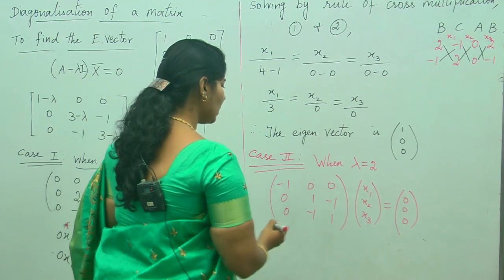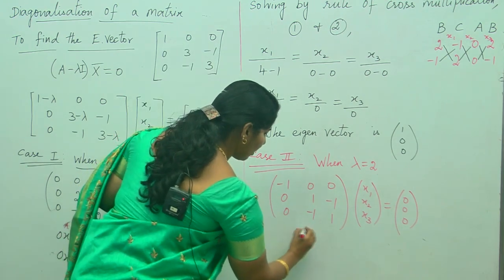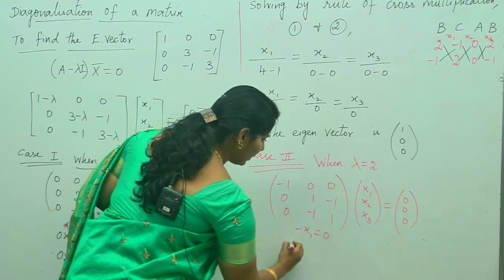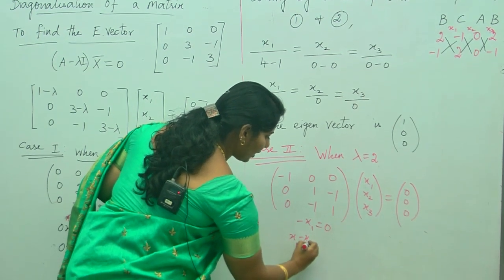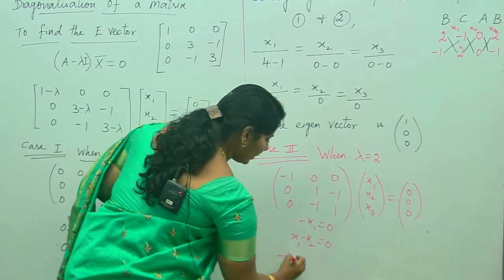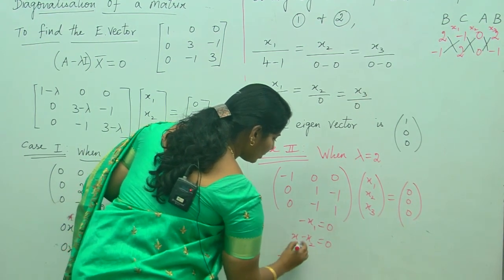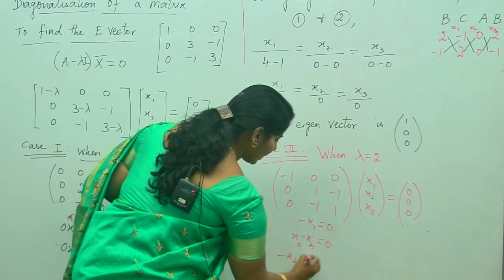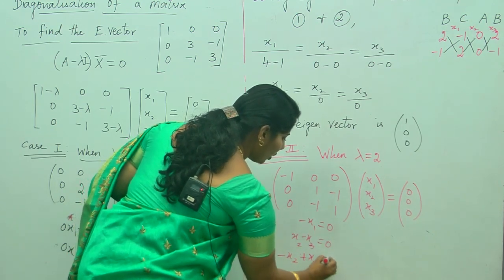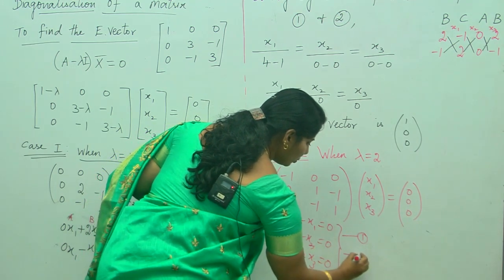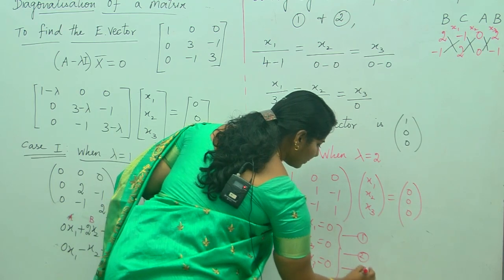So from this we can get minus x1 is equal to 0. The second equation, x2 minus x3 is equal to 0, and the third one, minus x2 plus x3 is equal to 0. You have got 3 equations, 1, 2 and 3.